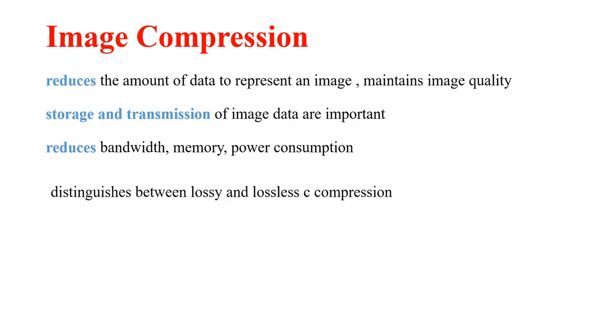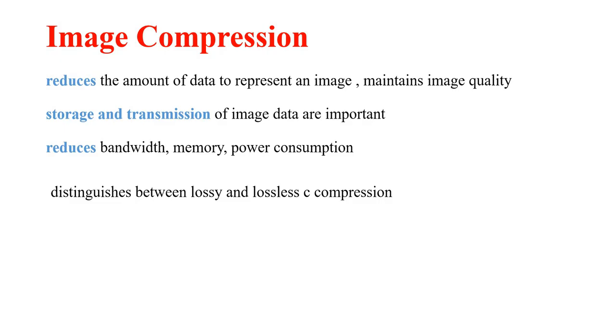Now here, it distinguishes between lossy and lossless compression. Lossless compression is where the original image can be perfectly reconstructed from the compressed data, and it is used in applications where accuracy is critical, such as medical or scientific imaging. In lossy compression, some information is lost during compression in order to achieve higher compression ratios.